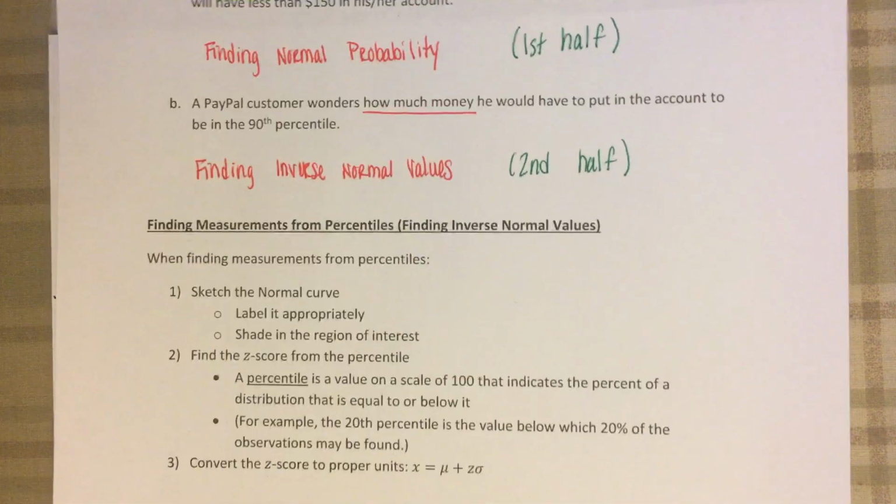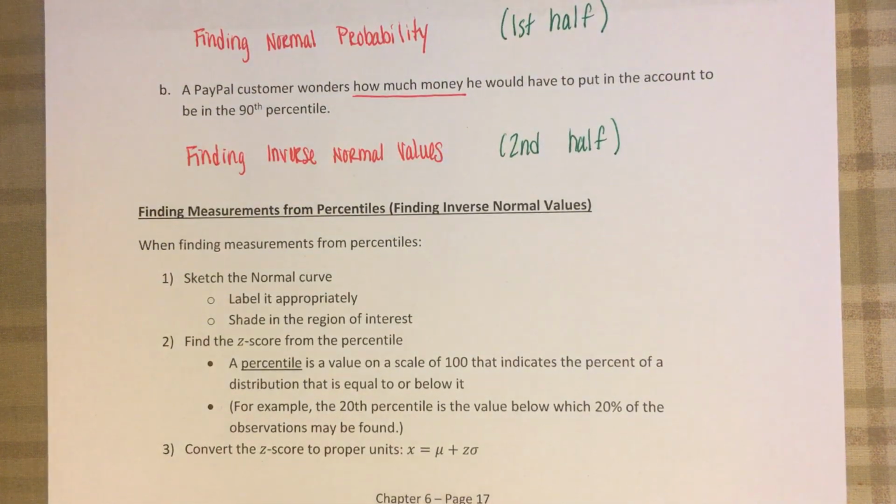Okay. All right, so our steps. Our first step is going to be exactly the same as it was to find our probabilities. Whenever we're dealing with anything in section 6.2, we always want to draw ourselves a picture. So we want to sketch the normal curve, we want to label it, and then we want to shade in the region of interest. Then we're going to find our z-score.